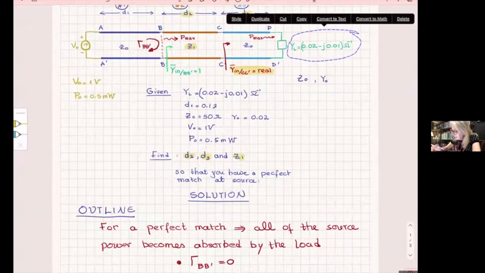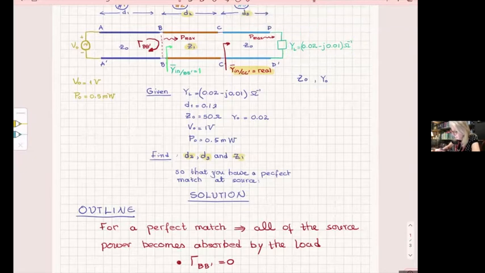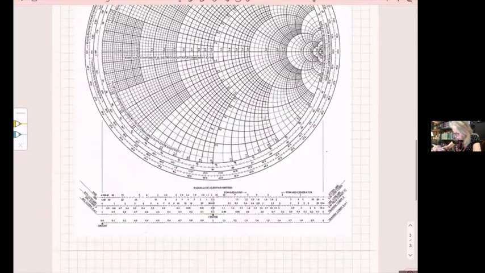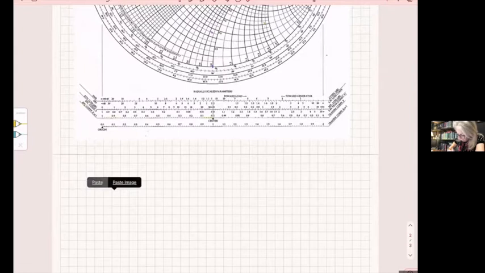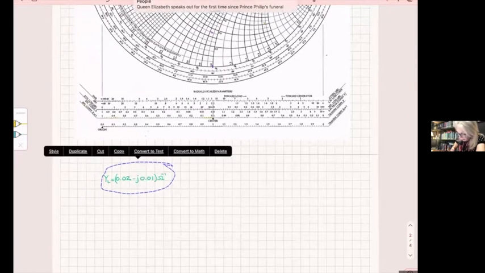If I am to put it on the Smith chart, assuming that I don't have a calculator other than for adding and subtracting, I'm going to work only with the Smith chart at this point. Since it's not normalized, I will try to normalize it with Y naught.